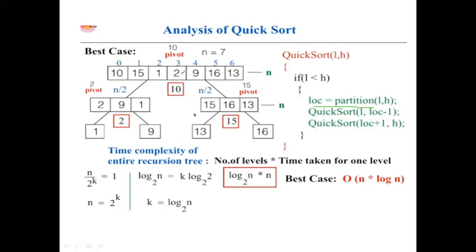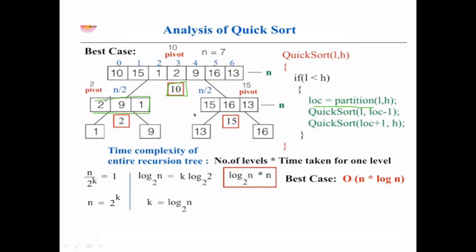After this partition, I am getting this position here. Actually, the pivot value is 10. After performing some n comparisons, the position for the pivot value is here only. So I split the array into two parts. The left part is 2, 9, 1, and the greater elements 15, 16, 13 are on the right side.